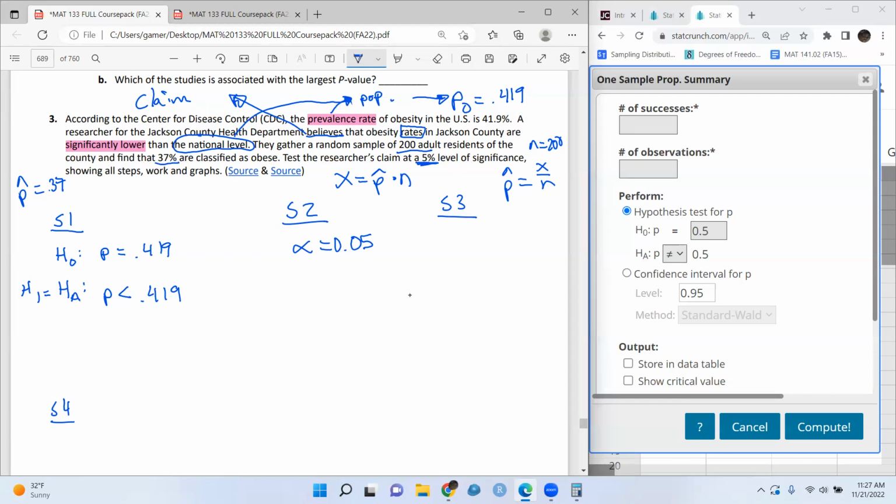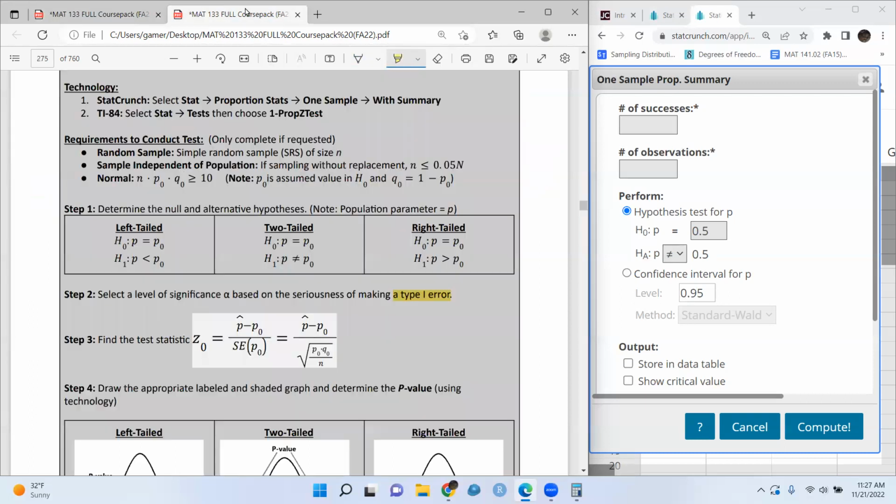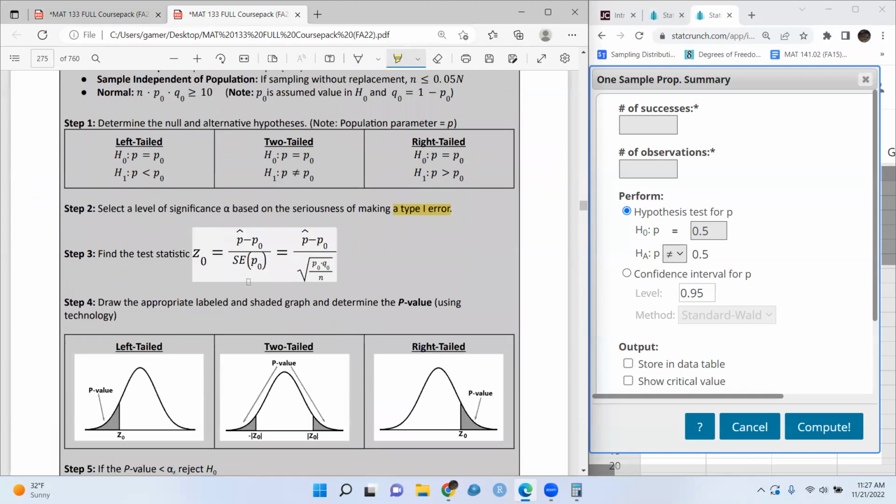Those are the 3 options that could happen. And what we're saying here is this is our level of comfort with claiming that it didn't happen by chance. Anything below this. Okay, so for step 3, we're just finding the test statistic, which is this Z naught.